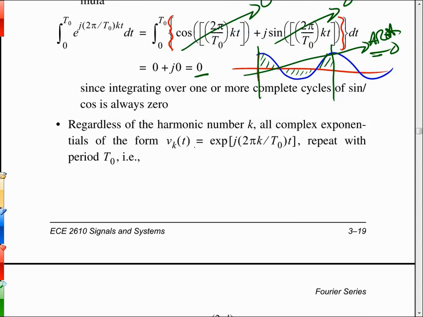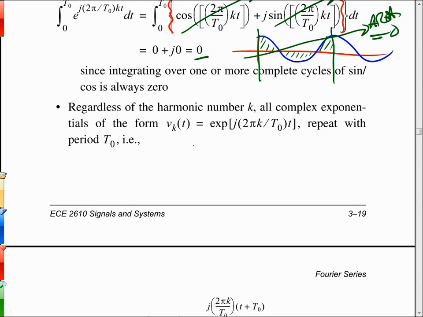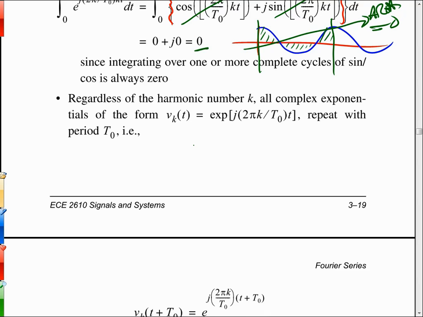Next thing is the periodicity of complex sinusoids. I think we've talked about real sine and cosine being periodic, but let's just check into a complex sinusoid. Is it periodic, and is its period t naught if it's written as it's written here?